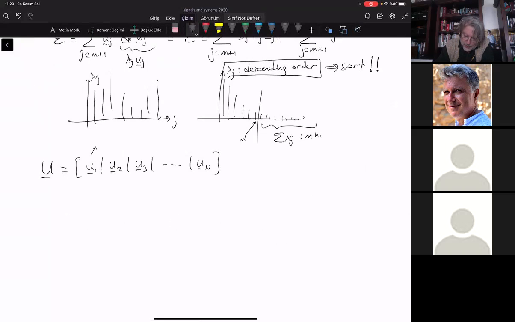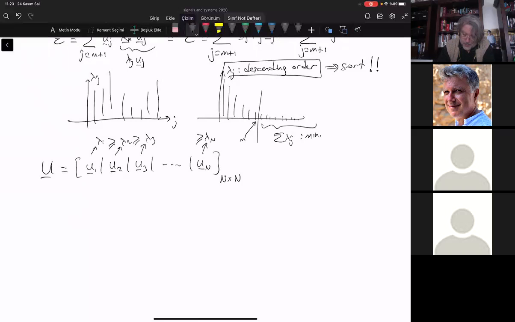where of course this will have a lambda 1, this will correspond to a lambda 2, this would correspond to a lambda 3, and lambda 1 is greater than or equal to lambda 2, greater than or equal to lambda 3, etc. And this is lambda sub n, which is the smallest of the eigenvalues. We make this an n by n basis matrix.